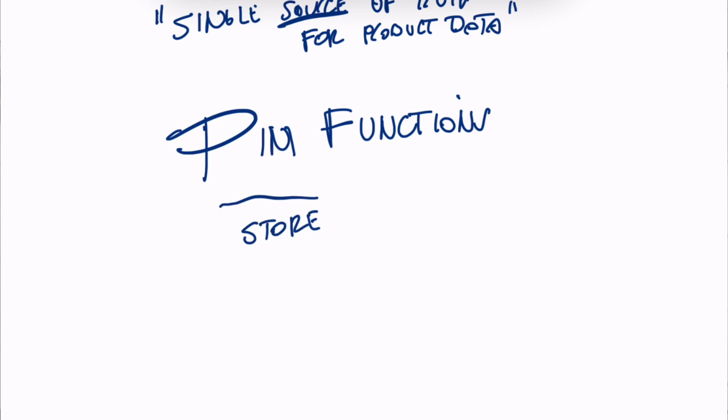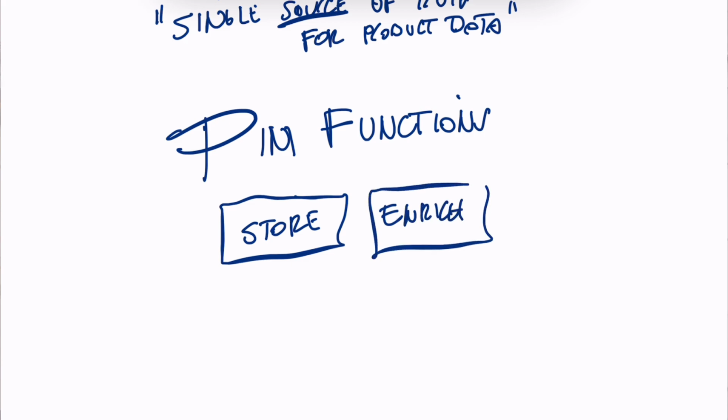It stores product data. The next thing you can do in a PIM that's most relevant for you is you can enrich product data. So what does that mean? That means you can change the description. You can add an attribute. You can add a digital asset. You can add an attachment.